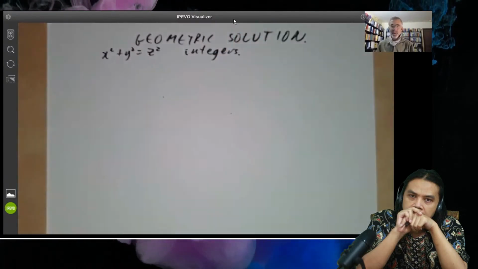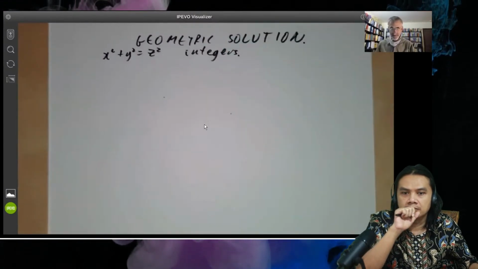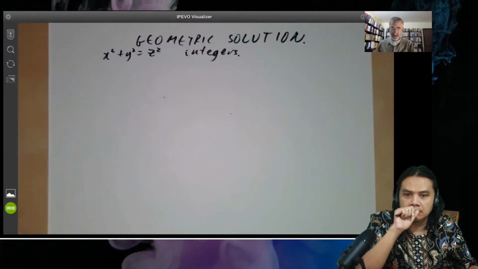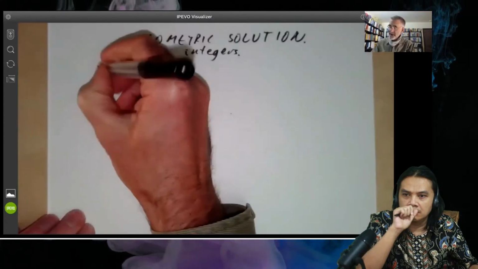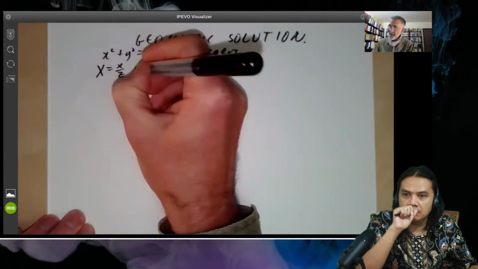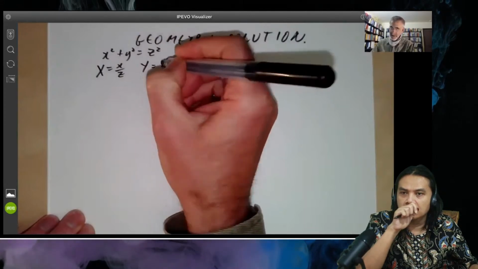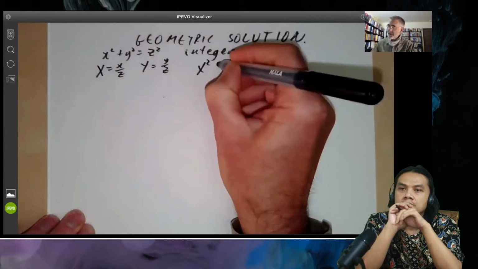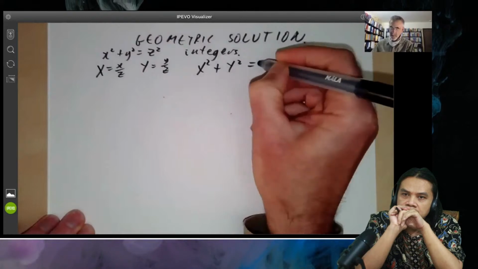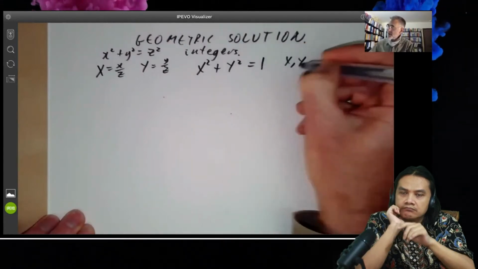Well, integers don't work terribly well geometrically. So let's instead put big X equals x over z and big Y equals y over z. And then we find X squared plus Y squared is equal to 1, with X, Y rational.